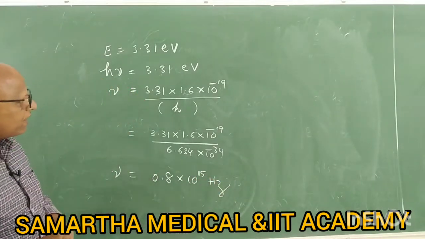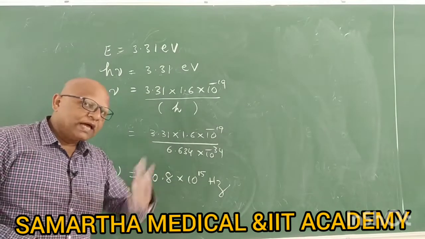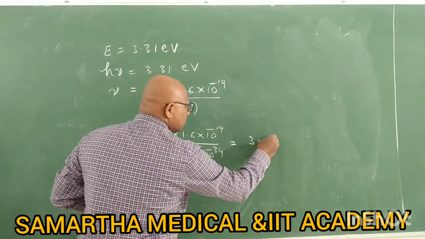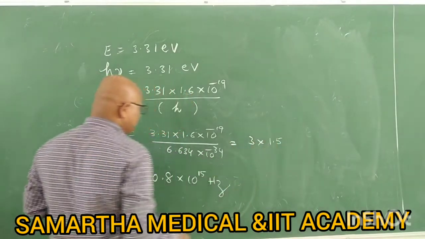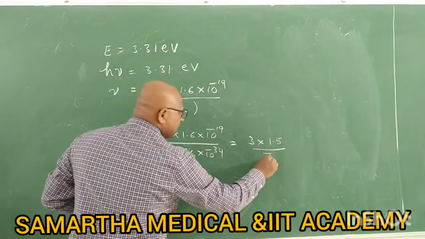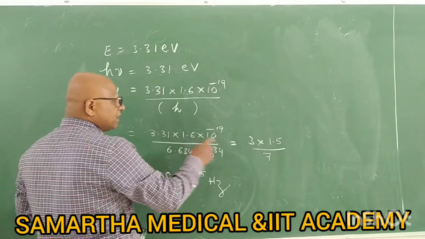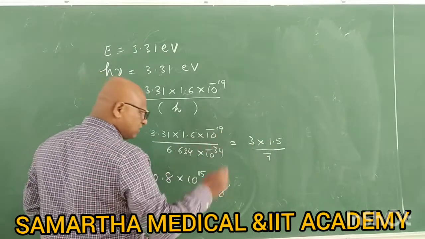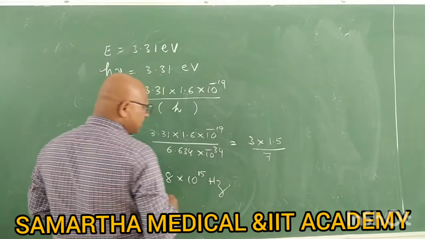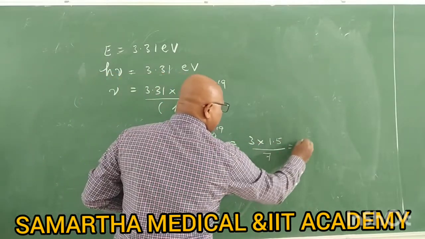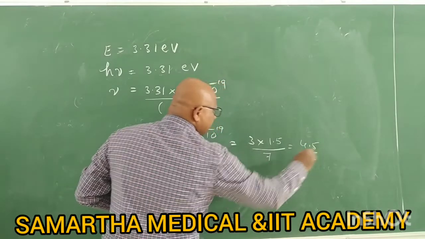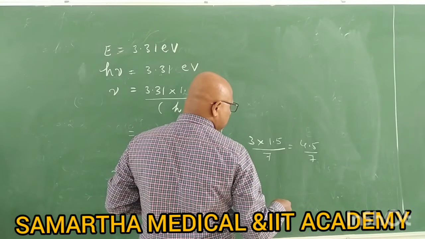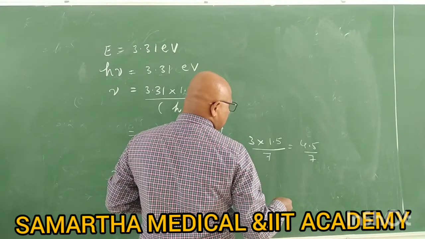See, suppose if you don't have a calculator, I will tell you how to calculate it very simply. 3.31 approximately make it 3. 1.6 you approximately make it 1.5. Okay, 6.6 you can make it 7. 1.6 you can also make it 1.7 or 2, no problem. 6.6 can be written approximately as 7. 1.5 into 3, that is 4.5, right? 4.5 divided by 7 means 7 7s are 49, 7 6s are 42.